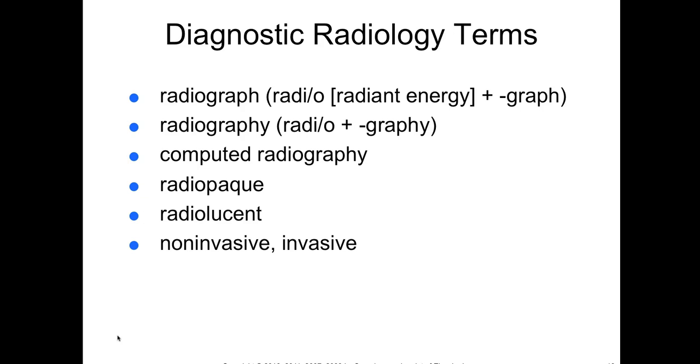So when you put the two together, you get radiograph, and then we also have the process of recording radiant energy, and that would be radiography. Now below that we have computed radiography, and that means that using a computer we can take image data and digitize it and immediately display it on our monitor or have it recorded on film.